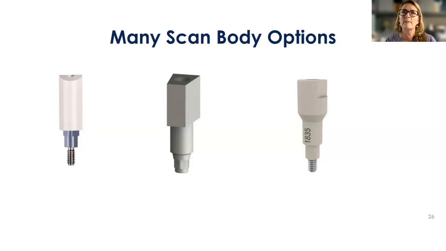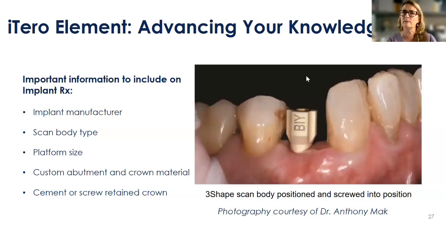So again, talking about scan bodies. So here's another image of a scan body here, right? And that happens to be made by 3Shape. So every implant manufacturing company today, it's a pretty broad statement, but I would say at least 97% of implant manufacturers today have their own scan body.